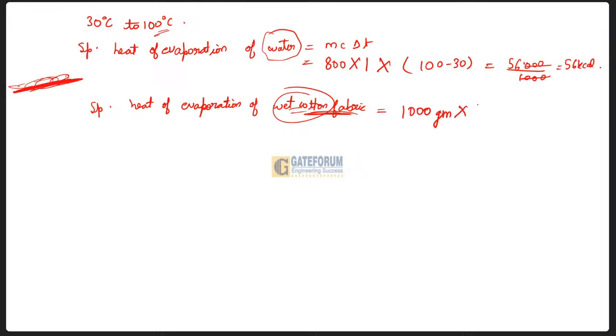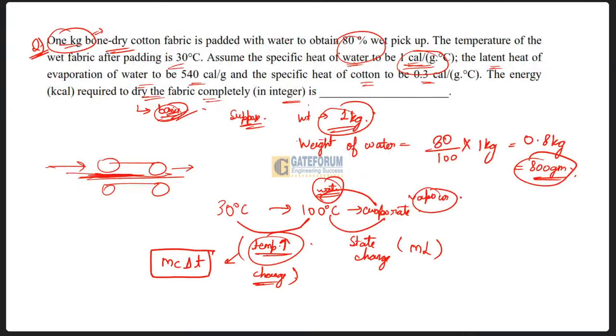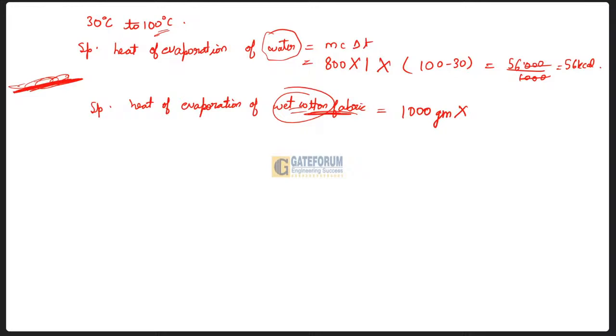And what is the specific heat of cotton? The cotton is in the wet state, so 1 kg of bone dry cotton, meaning not wet cotton, only cotton. So 1000 into C, which is 0.3, into delta T, which is 100 minus 30.